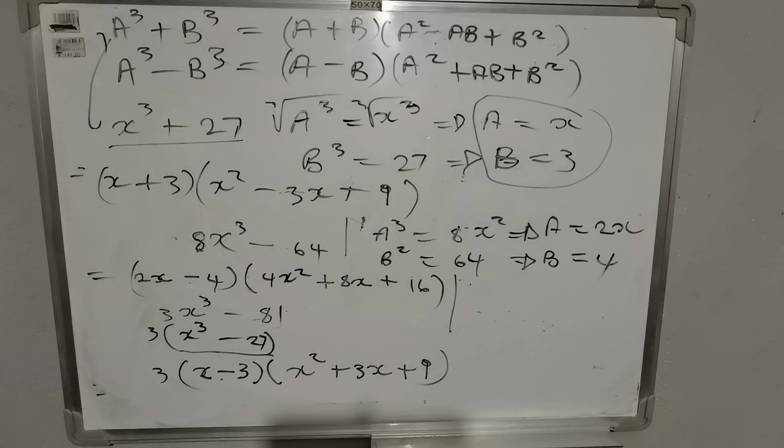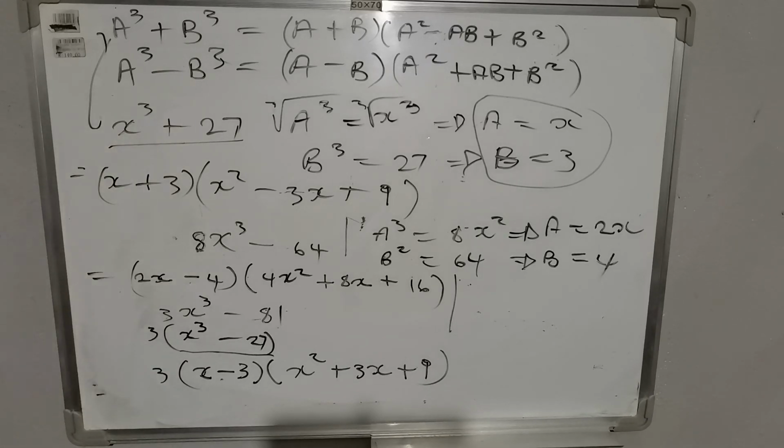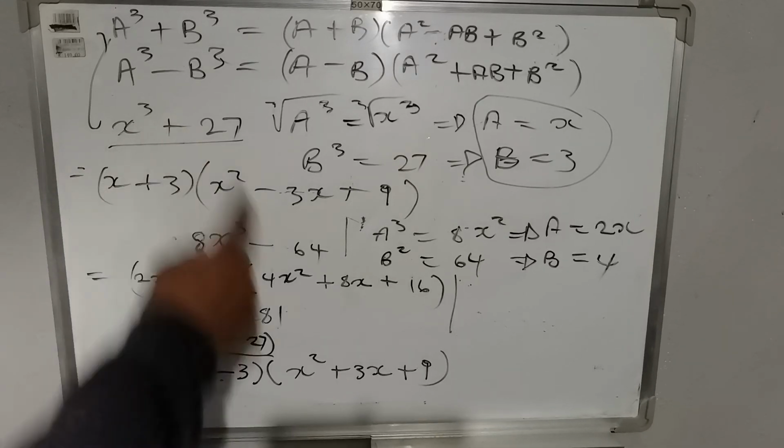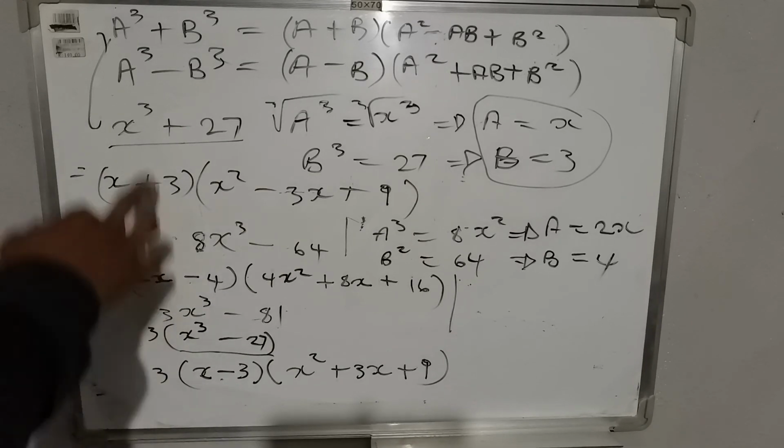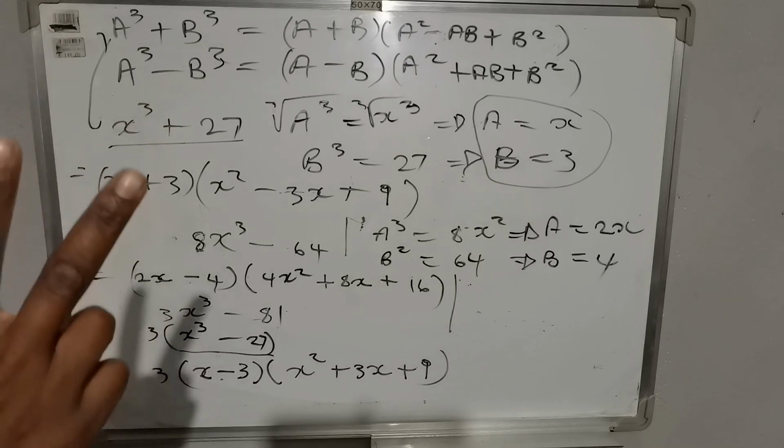If ever we have an equation in 2 variables, we look at whether we have a cube or a square. If we have a square, we use the difference of 2 squares, but if we have a cube, we look at whether we have a plus or a minus. If we have a plus, we will use the sum of 2 cubes.